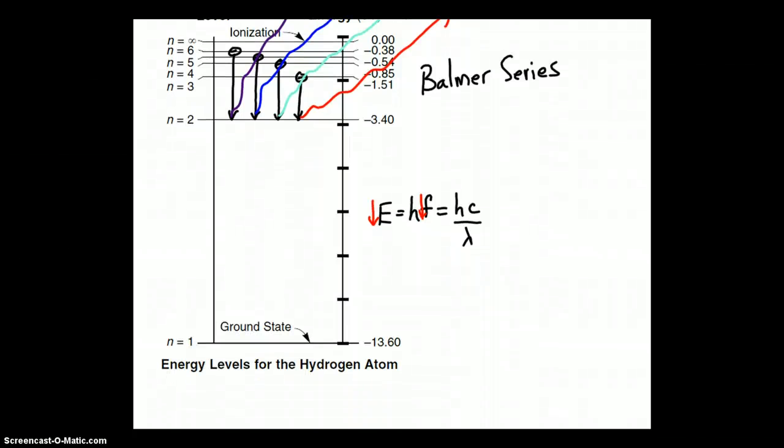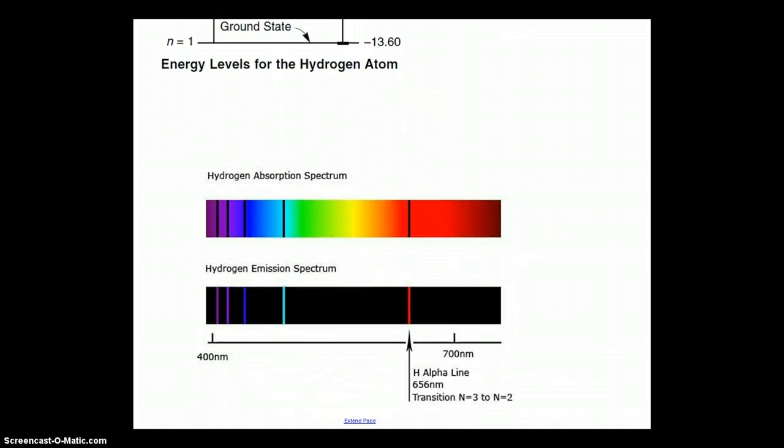And what we get, and you may have seen this before, is the absorption spectrum and the emission spectrum for hydrogen. You note that for the absorption spectrum, it's the continuous color spectrum that is simply missing the four exact wavelengths that are absorbed by the hydrogen atom during the transitions from 2 up to 3, 4, 5, and 6.